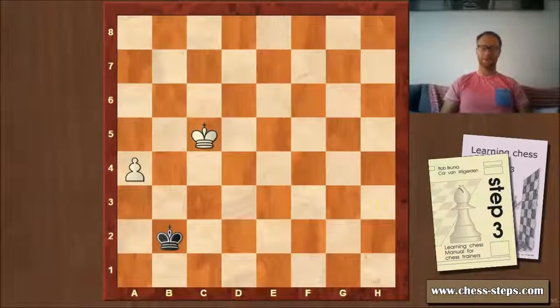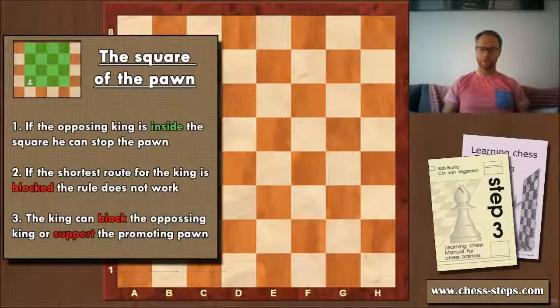So, in summary, I showed you a couple of things. I showed you the square of the pawn and how you can determine it by drawing a diagonal to the back rank. I showed you that if the enemy king is inside the square of the pawn, it will always stop the pawn from promoting, unless the fastest route is blocked by an obstacle, and you can use it to your advantage by placing an obstacle.